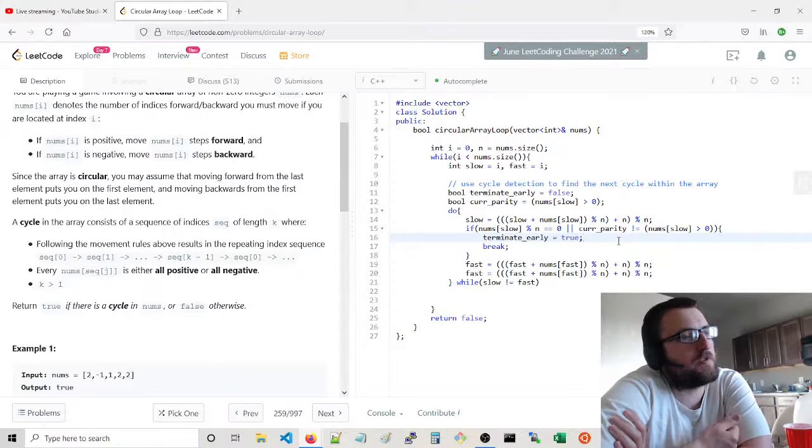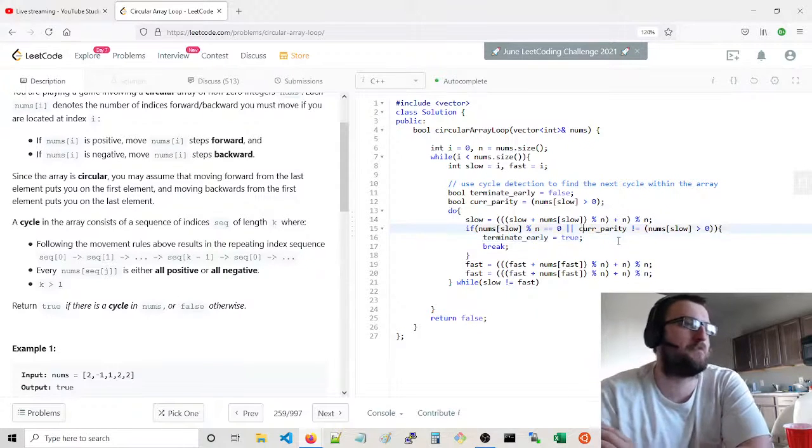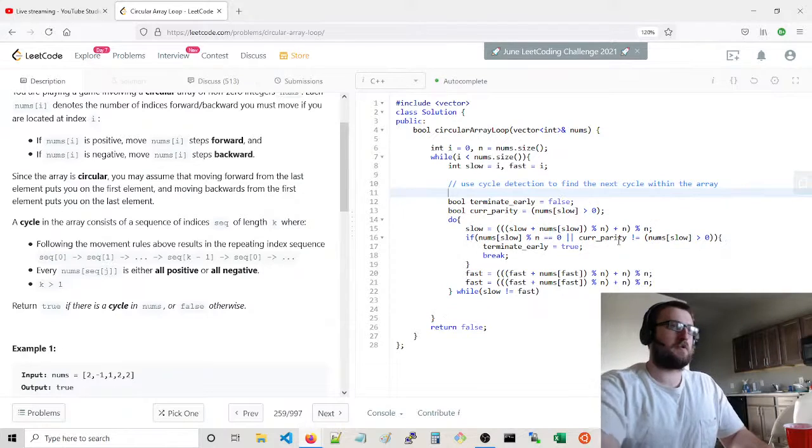So what we'd want to do is, with this terminate early, we would want a terminating index, we'll call it.